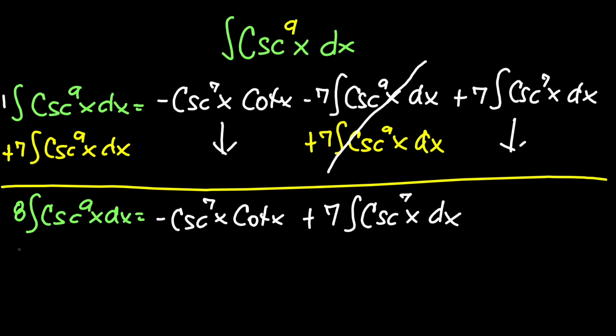And you are left with this equation now. Since in our problem, we only need one integral of cosecant to the power 9 of x, we need to divide both sides by 8 in order to get rid of this.